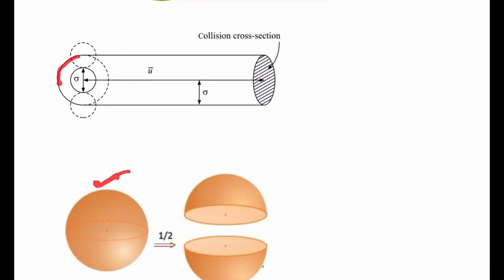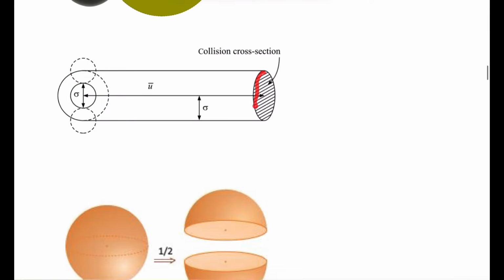You can see this is the imaginary sphere and this is its cross sectional area, and this cross sectional area is known as a collision cross section.